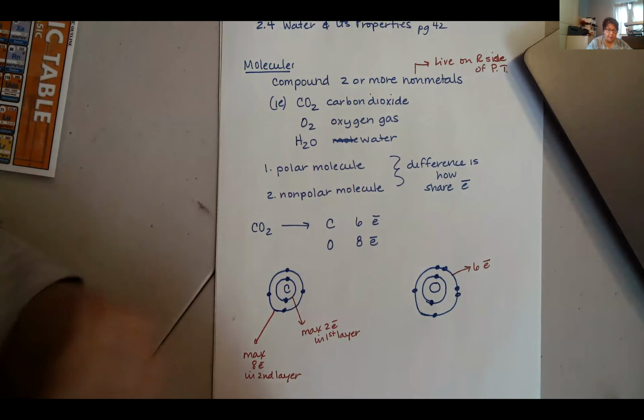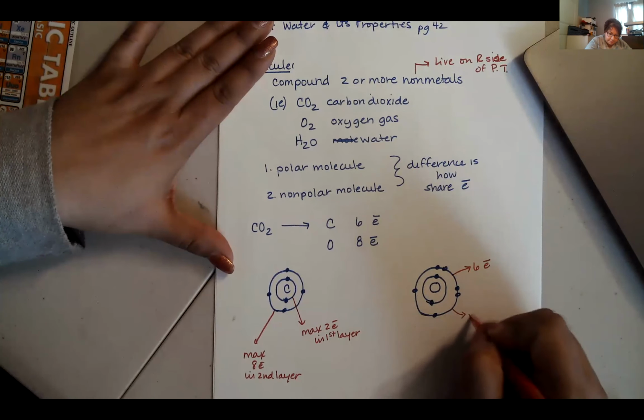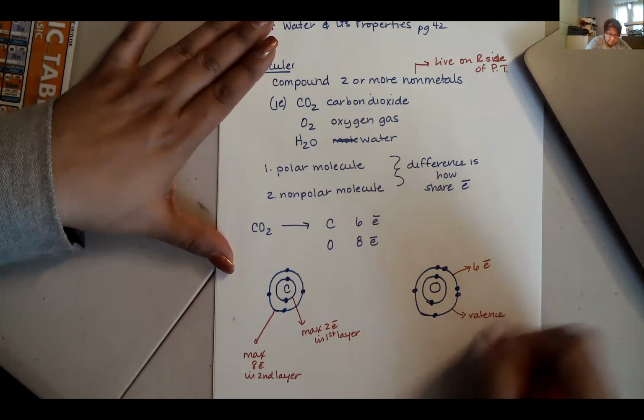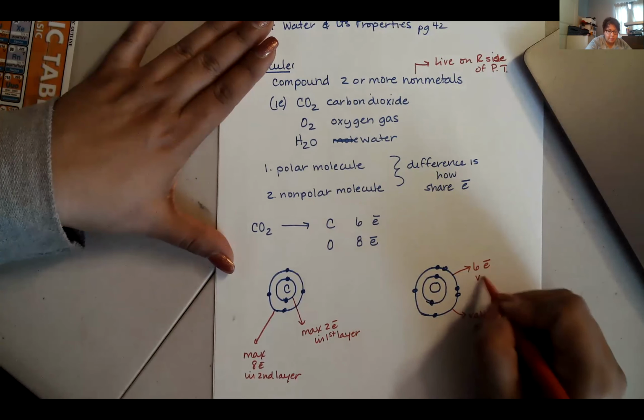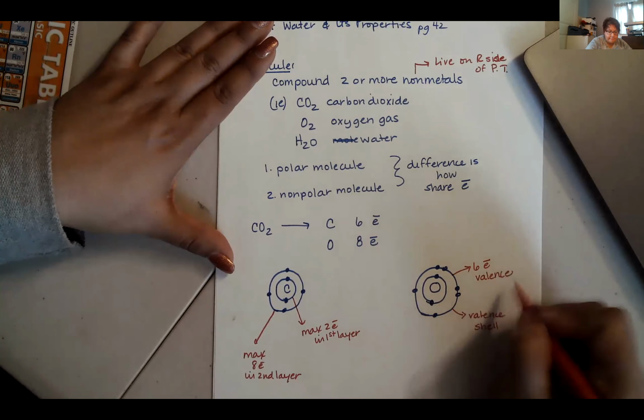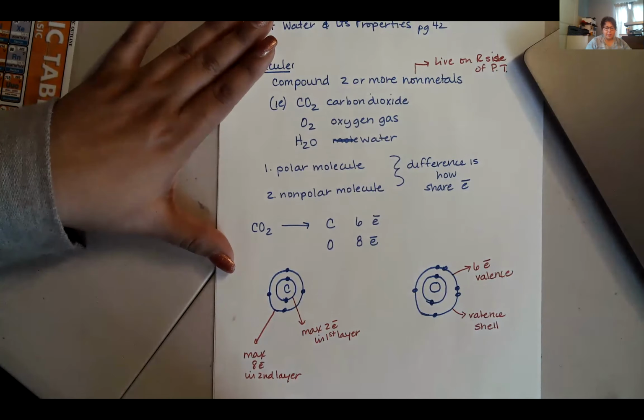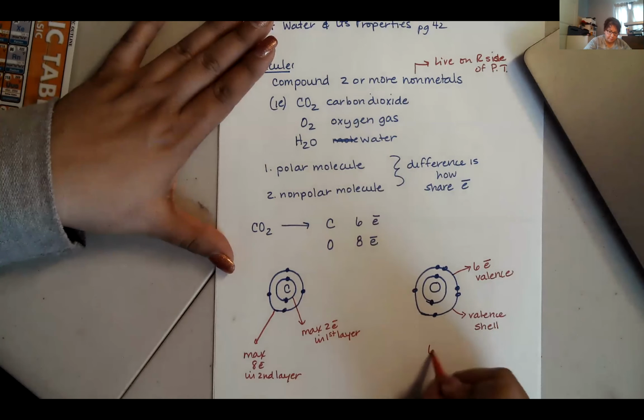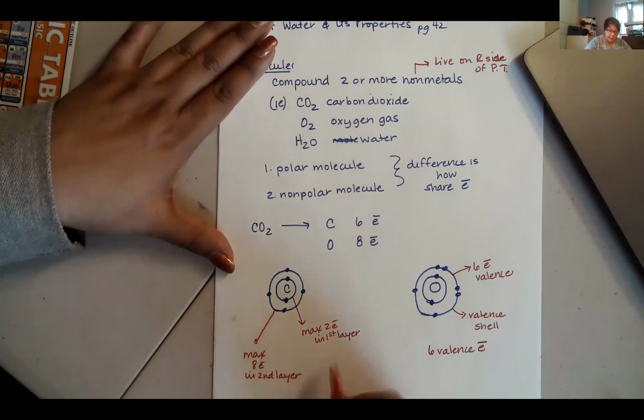The outermost layer for any atom is called the valence layer, or sometimes we call it the valence shell. So the electrons that you find in the valence shell are called valence electrons. So we say that oxygen has 6 valence electrons. Carbon has 4 valence electrons.